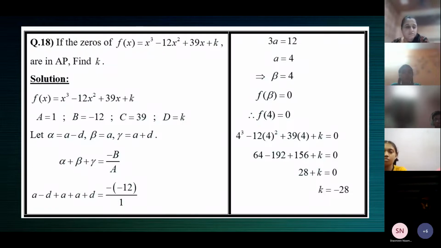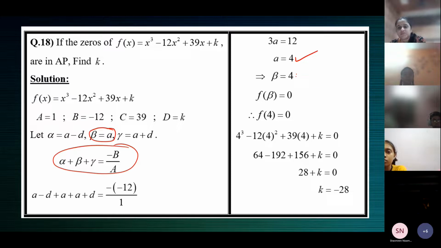So see here. Once you work with the condition, sum of the zeros is equal to minus b by a, you're able to find the value of a. But a is beta. So that means beta is 4. But we know f of beta is 0, so f of 4 is 0.